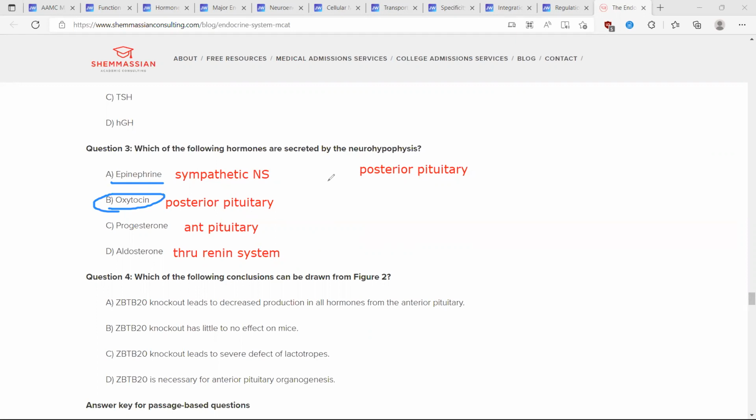Right now it probably seems out of nowhere, like, aldosterone from the kidneys, why? But once we cover that, you'll start understanding the whole broad scheme of things. The easiest thing to do is just to memorize that oxytocin and ADH are from the posterior pituitary. So it should be this. Okay.